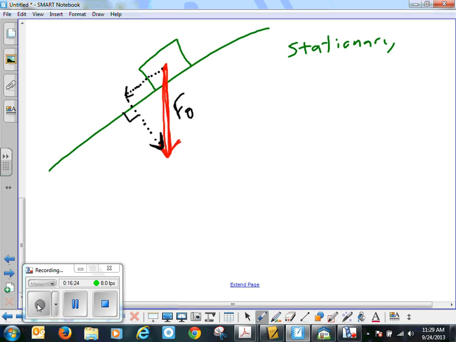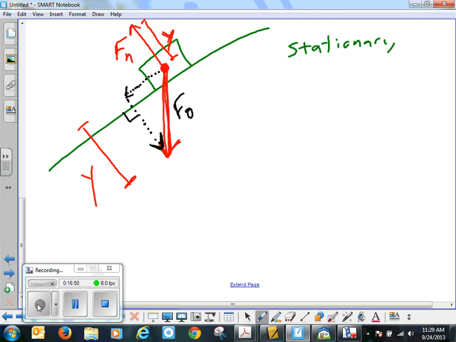So in this case, our force normal is this, with this being equal to this in magnitude. Okay? The drawing is not perfect, but anyway, this would be called the force normal.